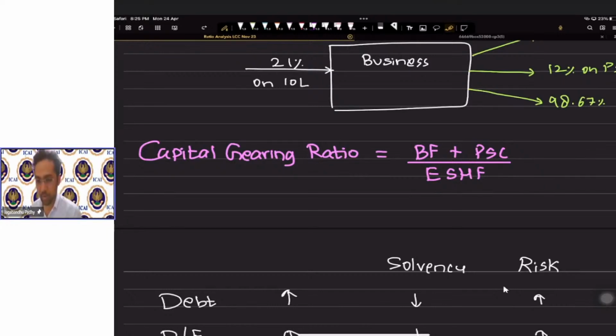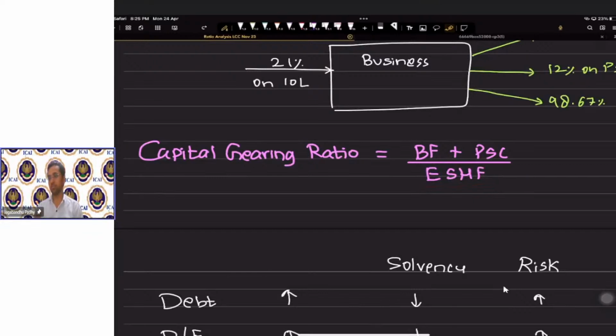For the company, these are a risky source of funds because you are required to pay a fixed rate of interest or dividend to them. Otherwise, they will file a suit against you for liquidation and all that. And then you have this equity shareholders fund in the denominator, on which you need not pay any fixed return. So this is funds which require fixed return in the numerator and funds which do not require fixed return in the denominator.